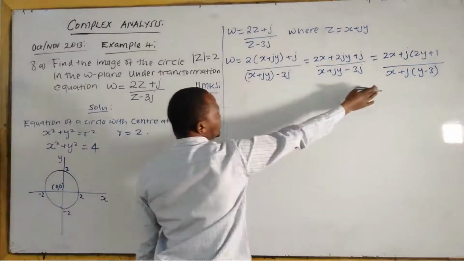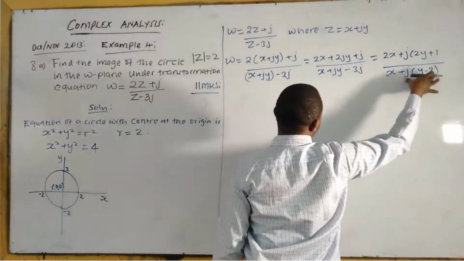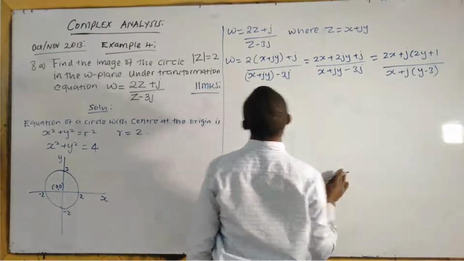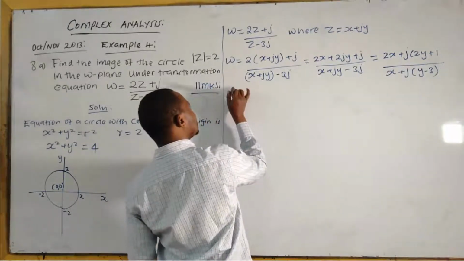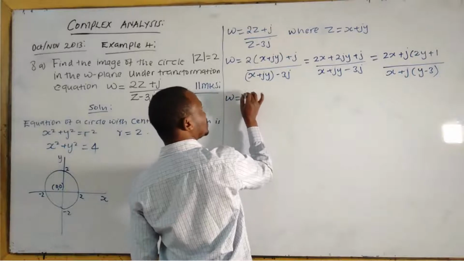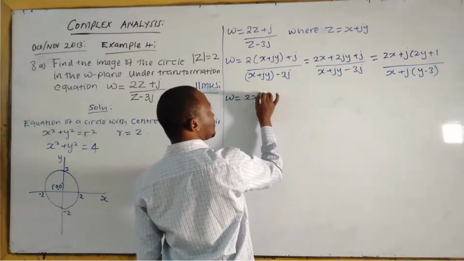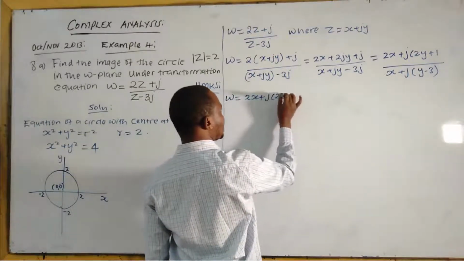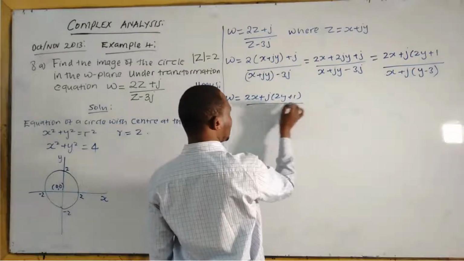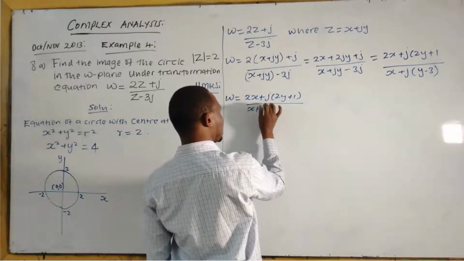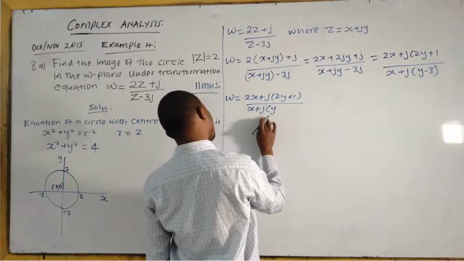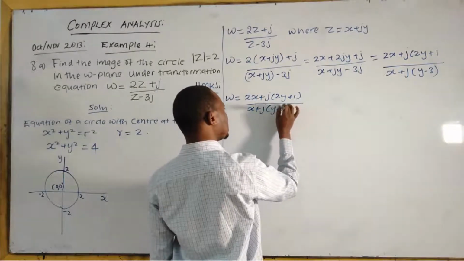Now, this is ready for rationalization, or we make the denominator real. So W is equal to 2x plus j(2y + 1) over x plus j(y - 3).